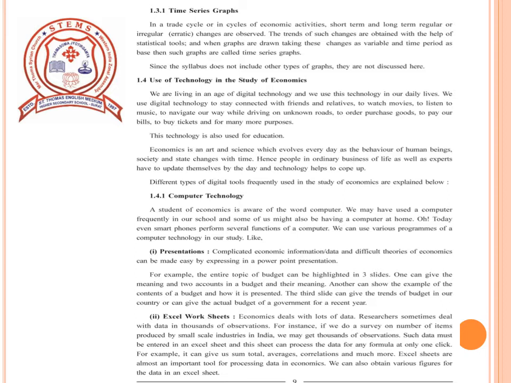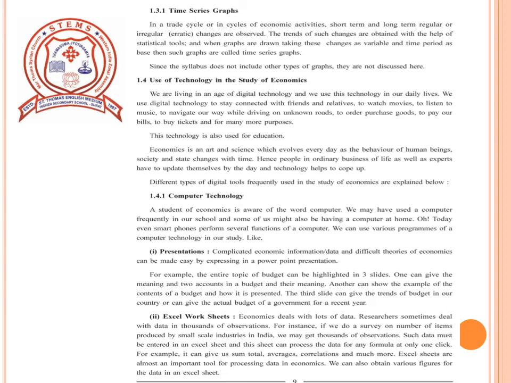Clear? Now economics is an art and science which evolves every day, as the behavior of human beings, society and the state changes with time. Hence people in the ordinary business of life as well as experts have to update themselves day by day, and technology helps to cope up.